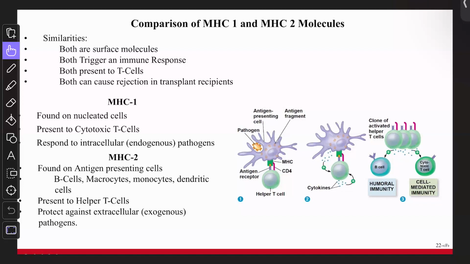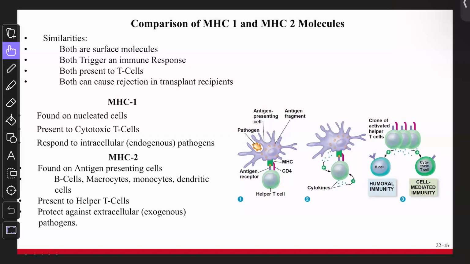Okay, now I want to be very clear about this. Just like when we were talking about the antigen receptors that are present on the B cells and the T cells, once an antigen presenting cell has committed to an MHC marker, that's the only MHC marker it's going to make, right?